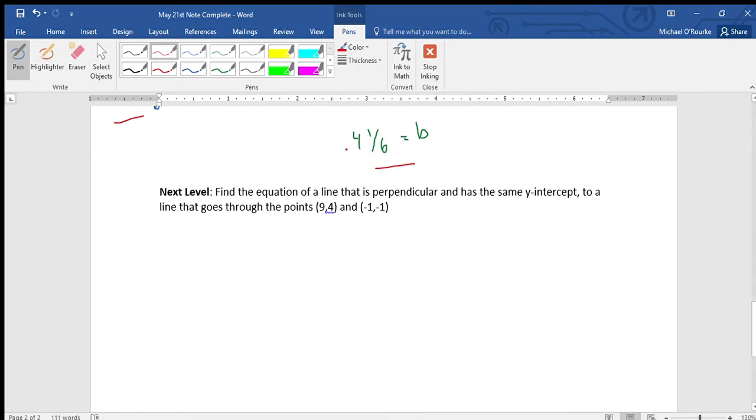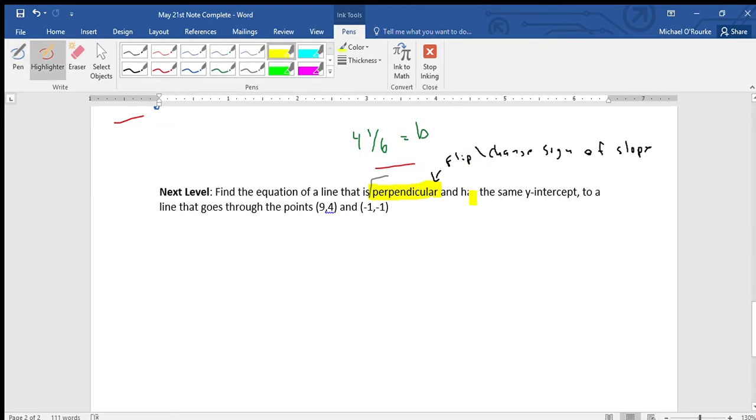Next level one here. Find the equation of a line that is perpendicular and has the same y-intercept to the line that goes through this. Okay, there's 2 points of information here. One, we're looking for something that is perpendicular. So that means it's going to flip slash change sign of slope.